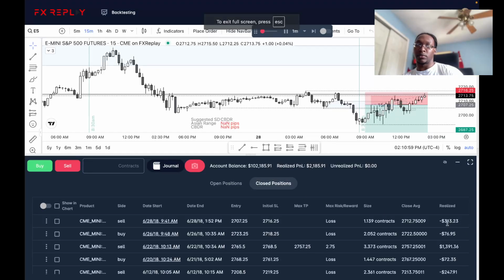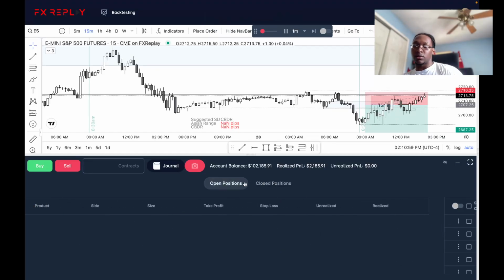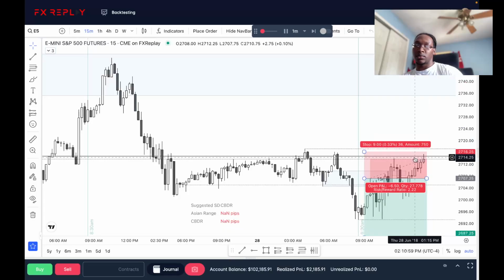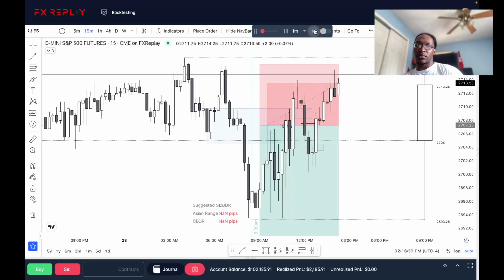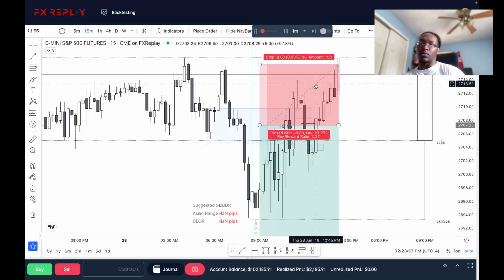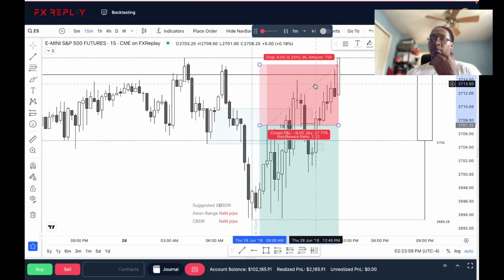Close positions. Yeah, that's cool. Yeah, it looks like we're gonna get stopped out. Cool. I like the fact that I managed the trade appropriately.